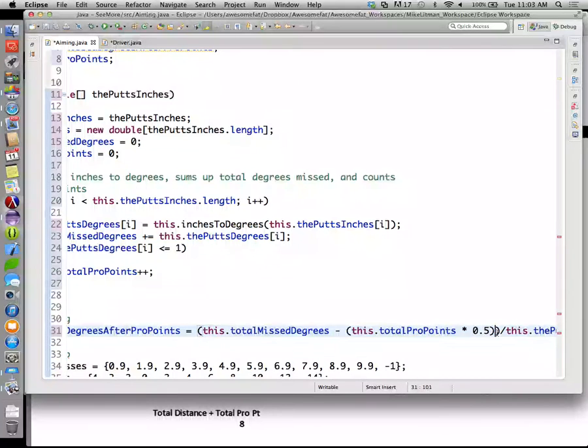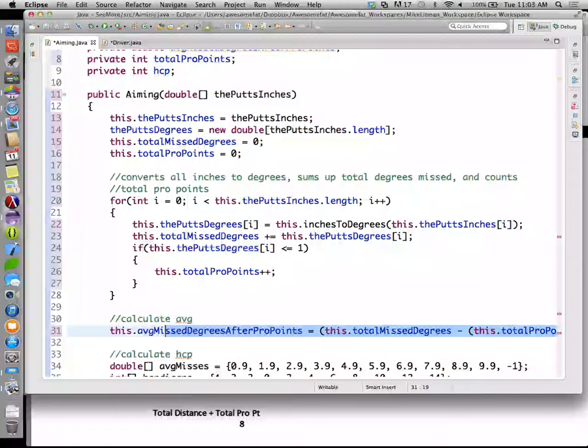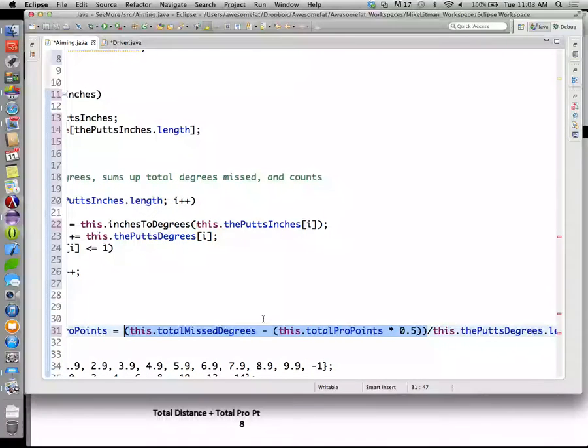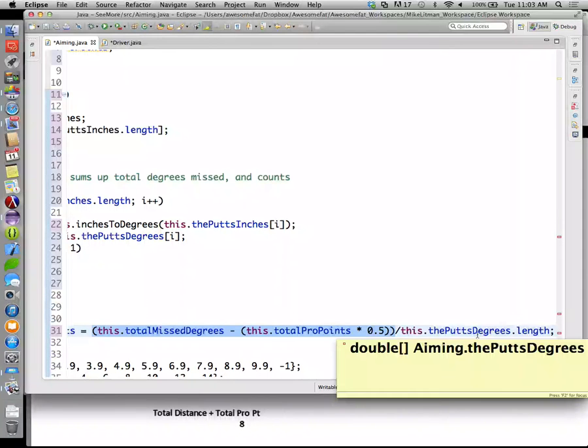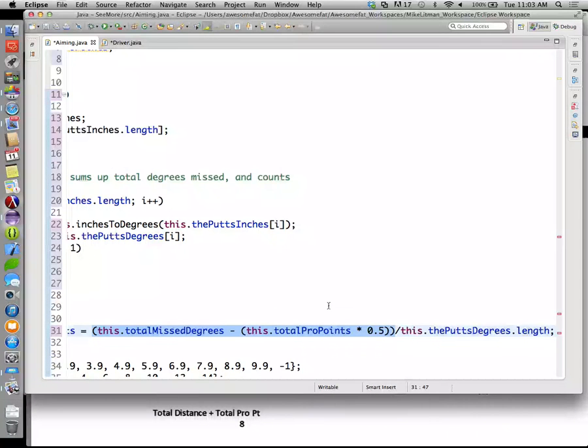So all of this here will boil down to our 8 from our example. And then we're going to divide that by however many putts there were, which in this case is 10. That should give us our 0.8.